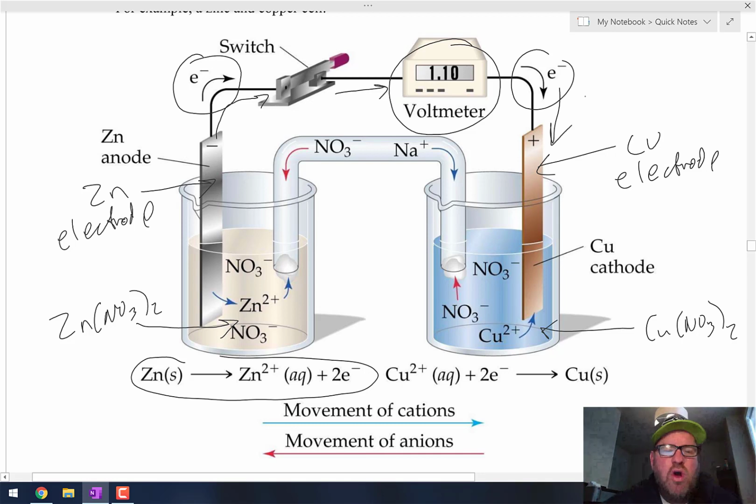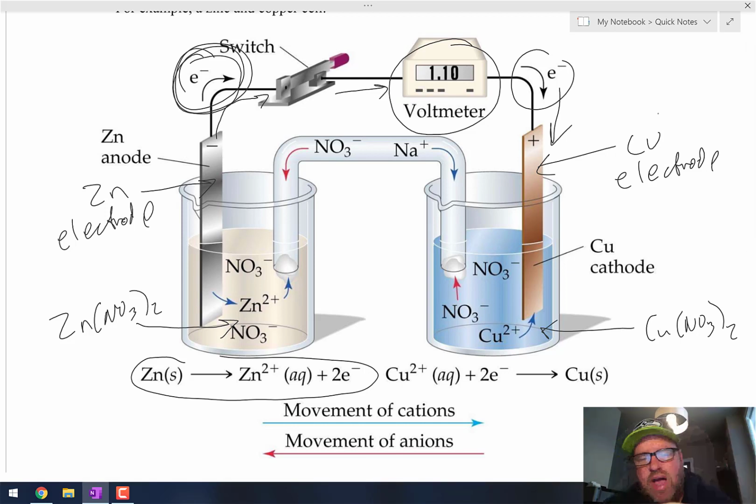So how do we know that those electrons are flowing from the zinc side to the copper side? First of all, what's happening on the zinc side? If the electrons are leaving the zinc side and flowing to the copper side, then that means that zinc is being oxidized. Zinc is losing electrons, and losing electrons is oxidation.